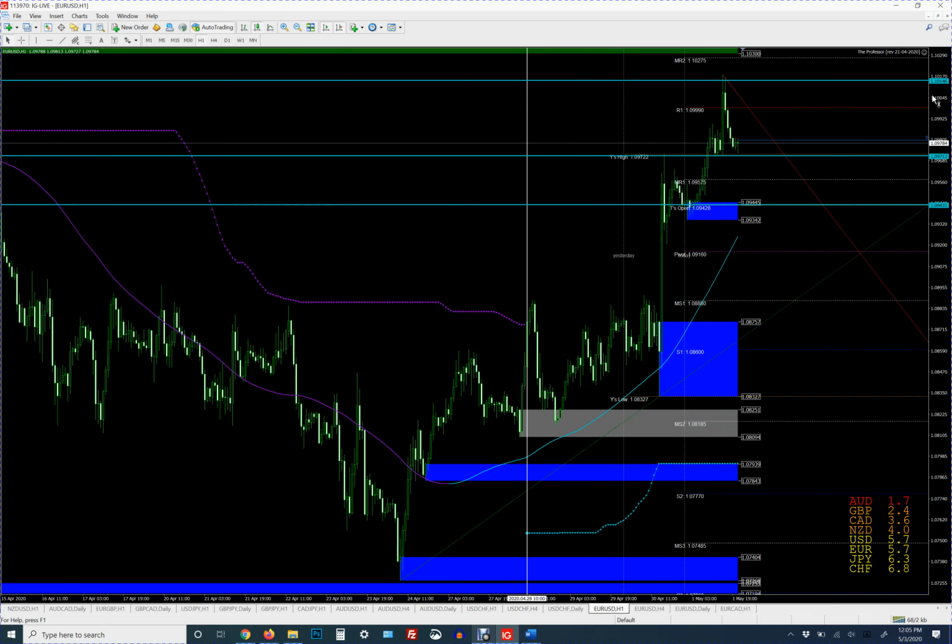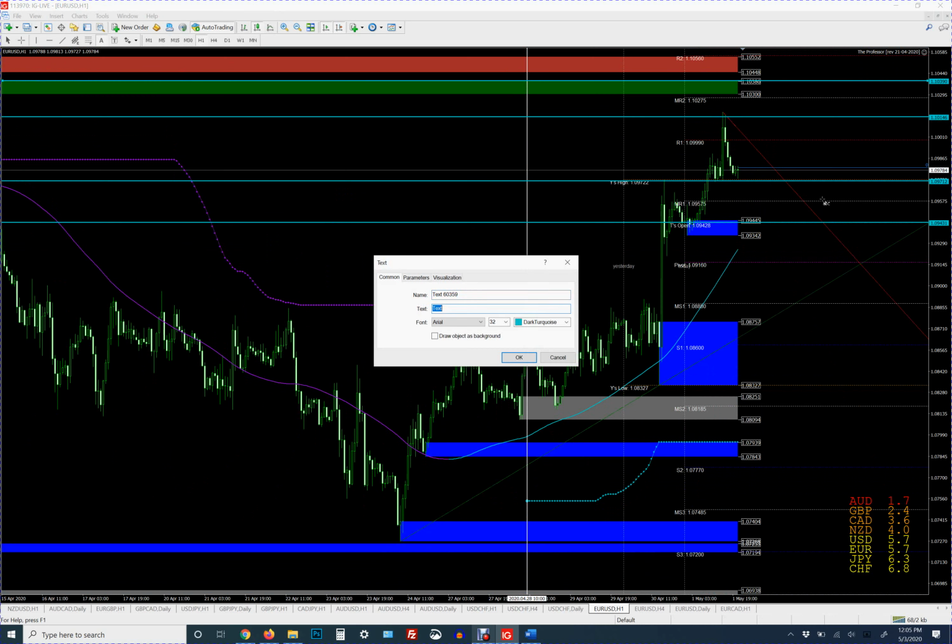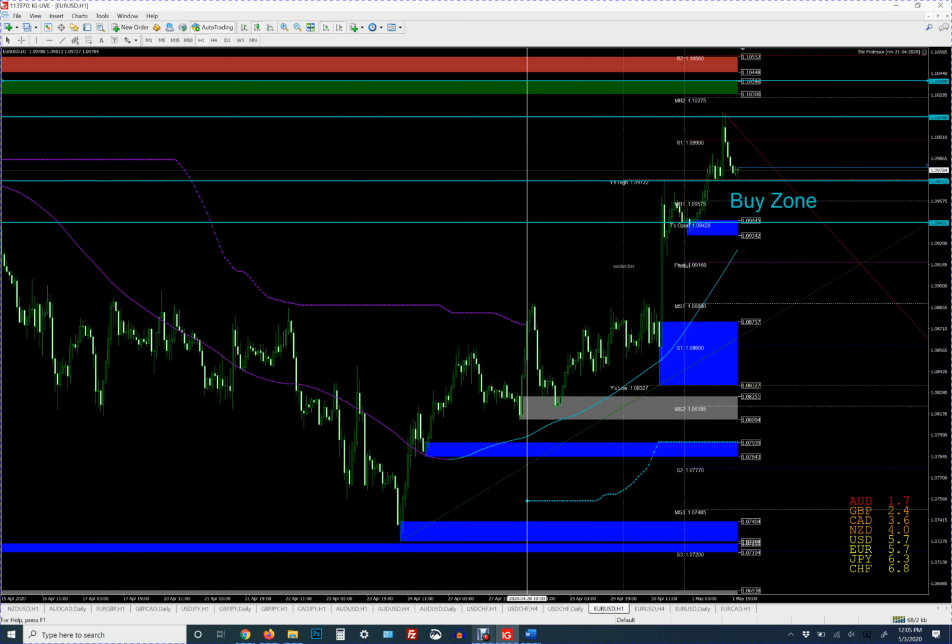So there is a bit of a plan, no matter which way price goes. You have a nice buy zone, sell zone. You have nice breakout points to watch for. Here's your buy zone.